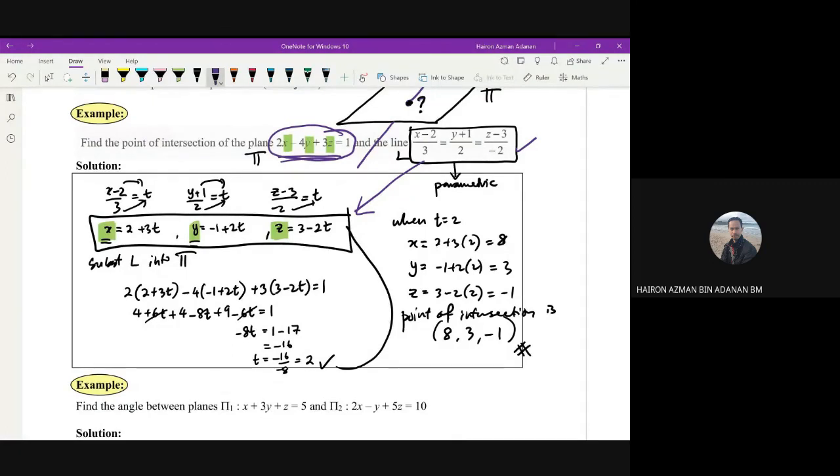Anggap macam ni lah. Ini first equation, ini second equation. Just gantikan saja parametrik itu you substitute dalam plane dan you dapat value t. After dapat value t, you masuk balik dalam parametric equation of line tu. Okay, so you akan dapat point of intersection dia. Okay, question. Before I proceed to the next example.